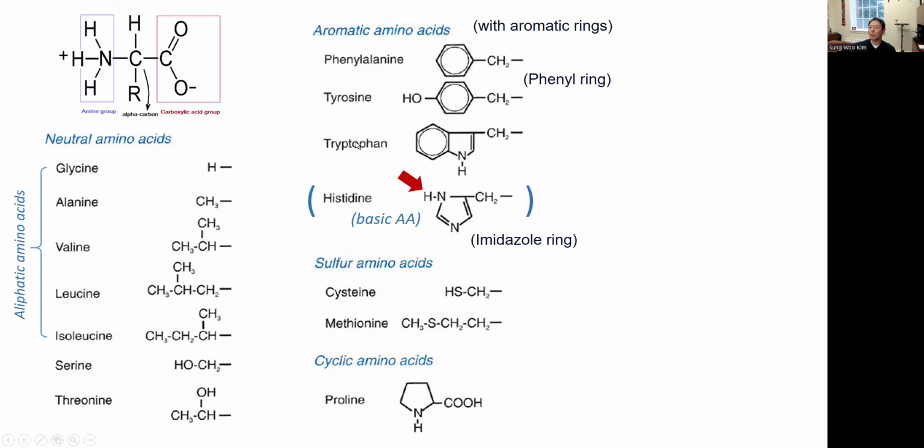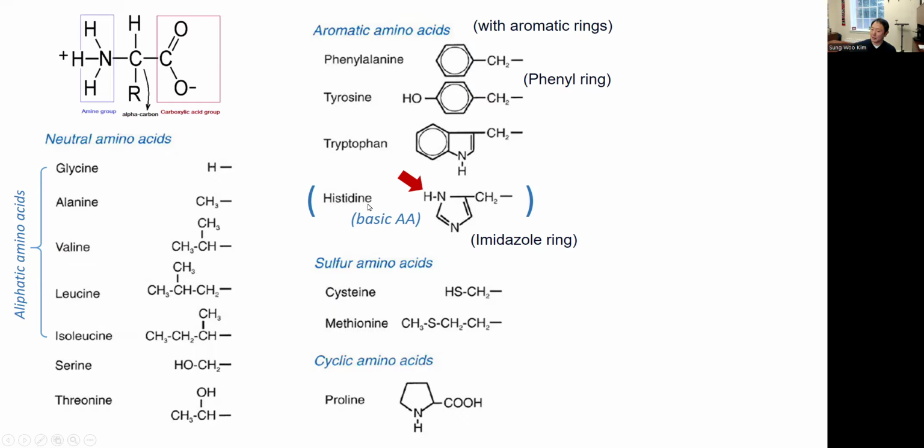And one more. I put this in parentheses because it can belong to another group. Histidine will also have a ring, but it is not an aromatic ring. It's called the imidazole ring. We will talk a lot more about histidine later and its R group, but its R group is not a complete aromatic ring.